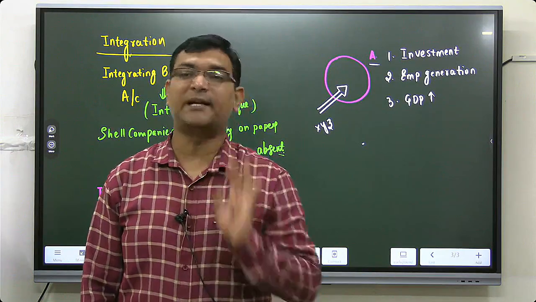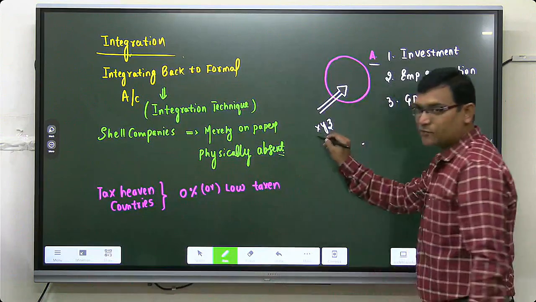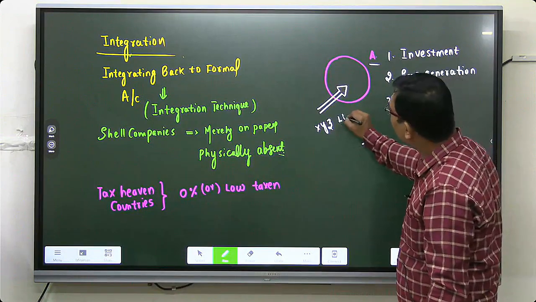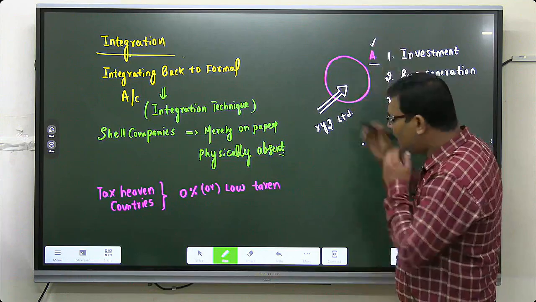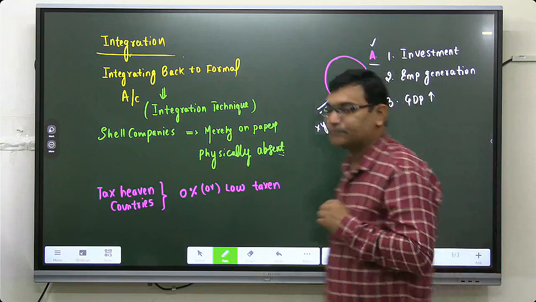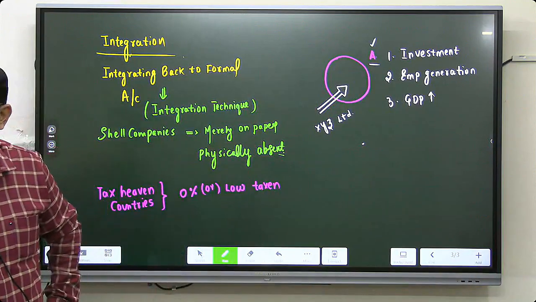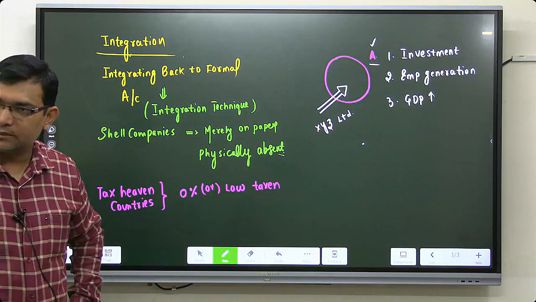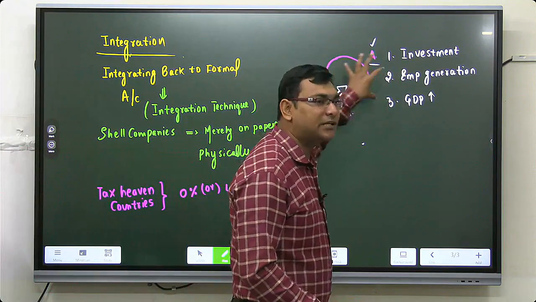So this XYZ limited company will pay the one-time fee, and that fee will be collected by country A. Am I clear? This is how tax haven countries work.